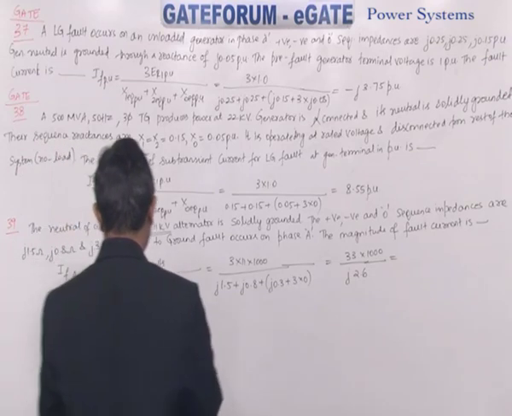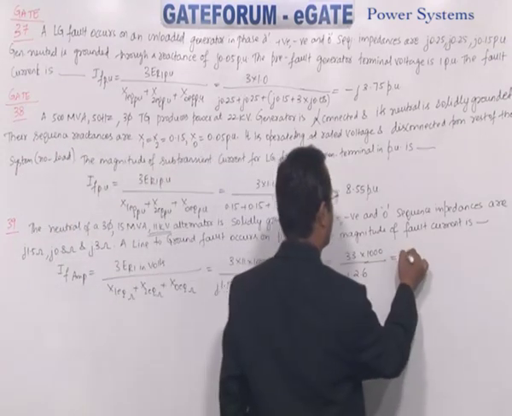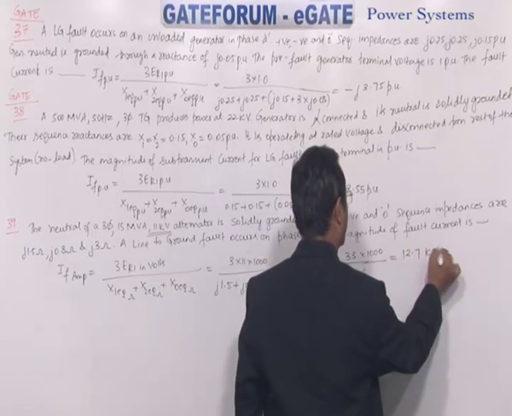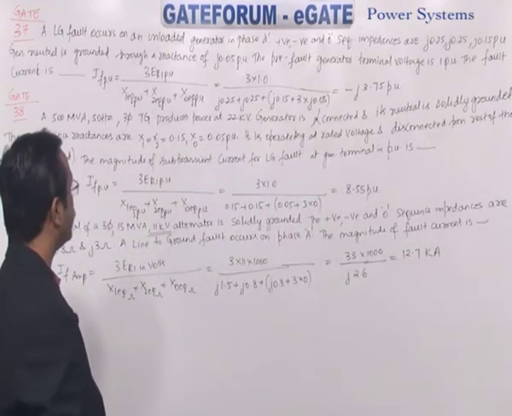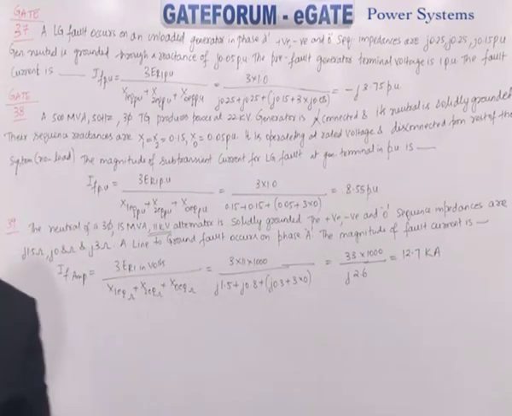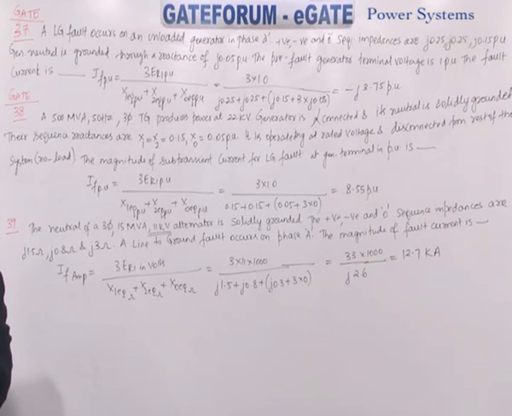You will get 12.7 kiloamperes. So the answer is 12.7 kiloamperes. This is how you calculate the fault current here.